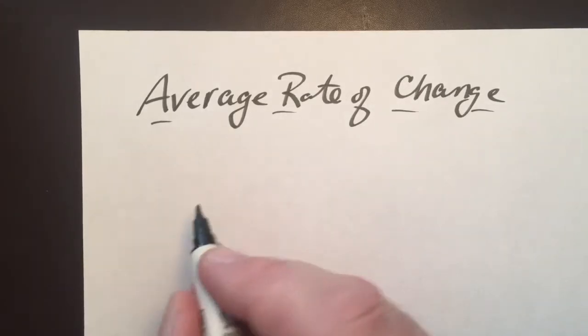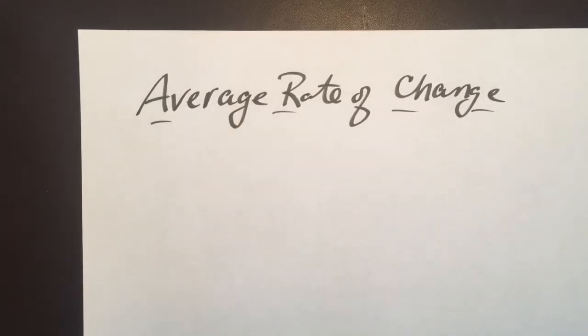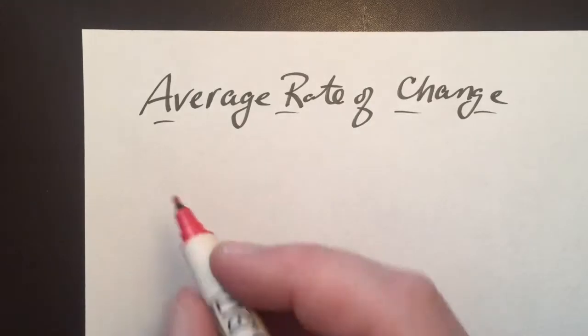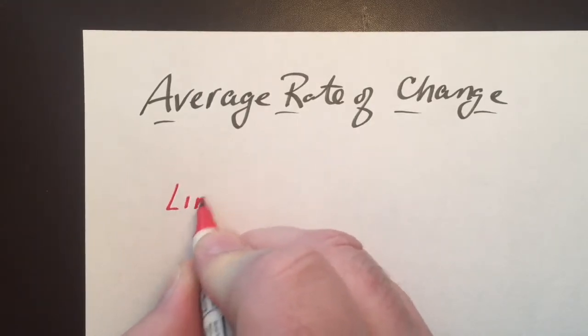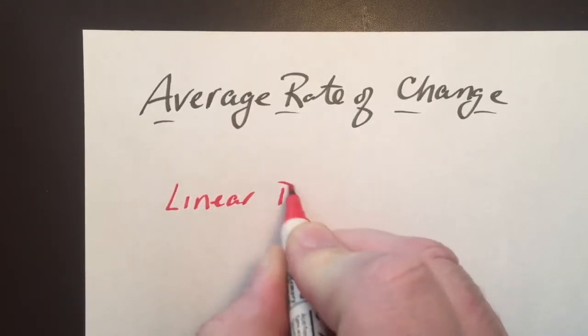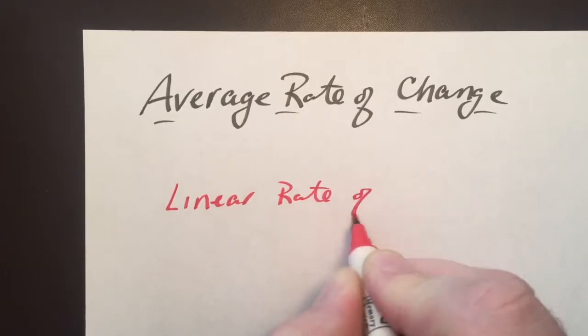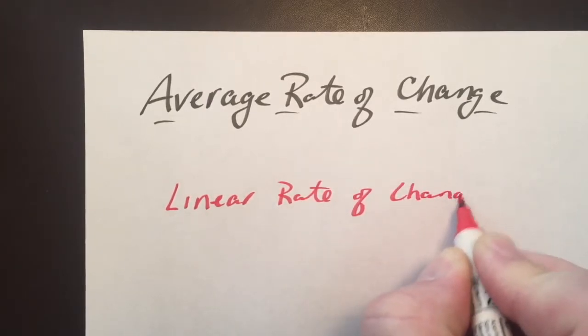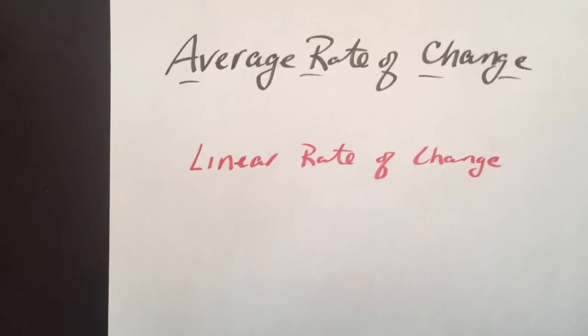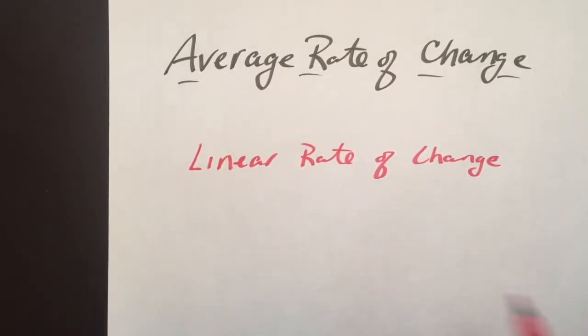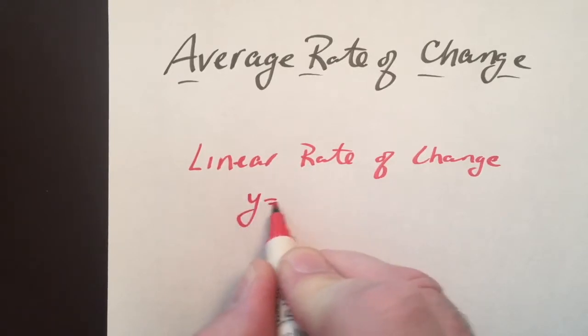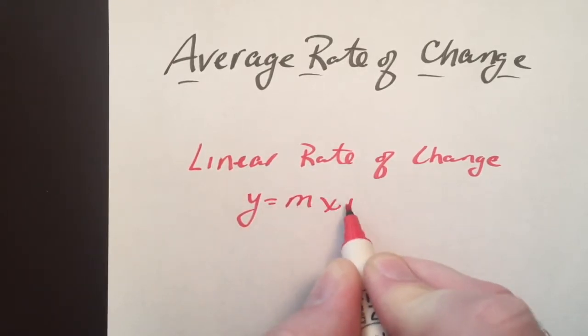But just to get us oriented before we get to average rate of change, we're going to take a little sidebar to linear rate of change. Just building on concepts that you've had in the past. So you might remember that in the linear world, y was equal to mx plus b.